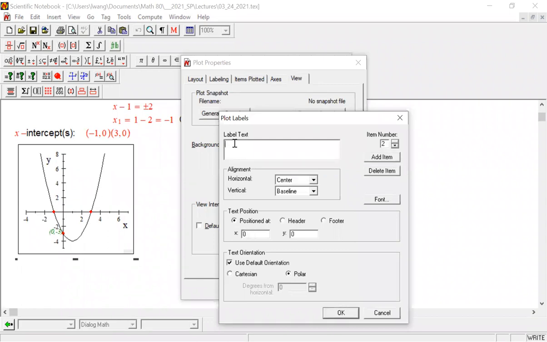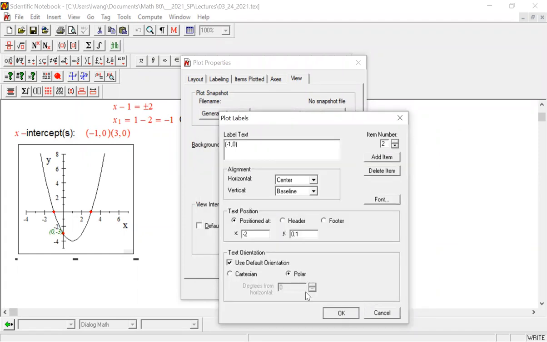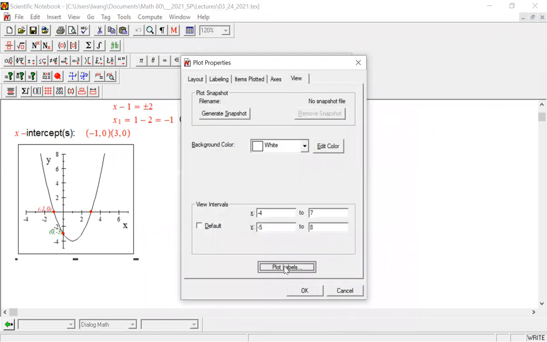So one point is -1, 0. I'm going to put it at this location, just like that. The red point. Okay, -1, 0. Just where I want it.